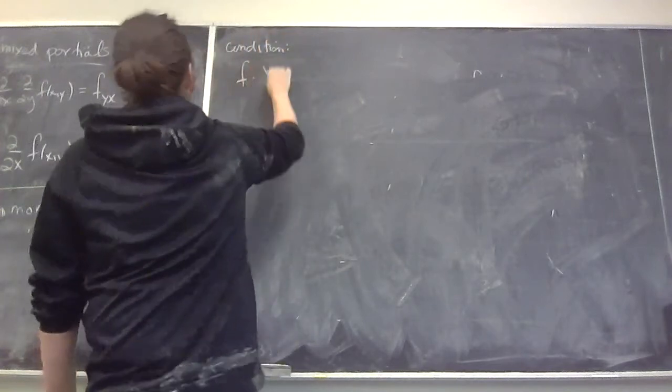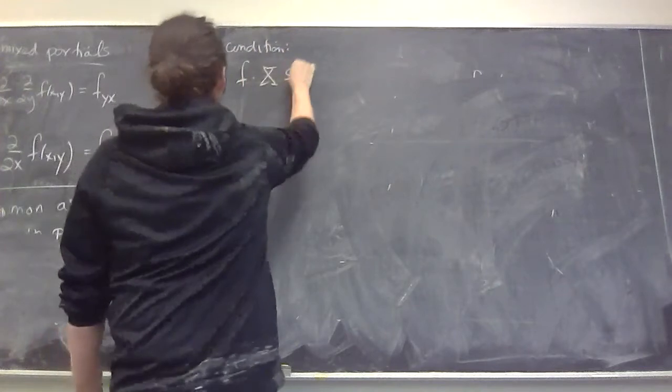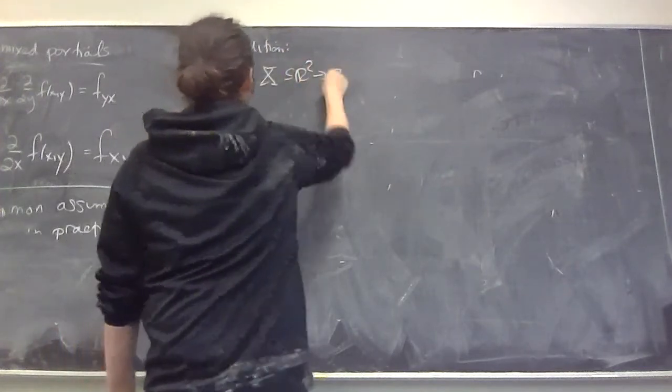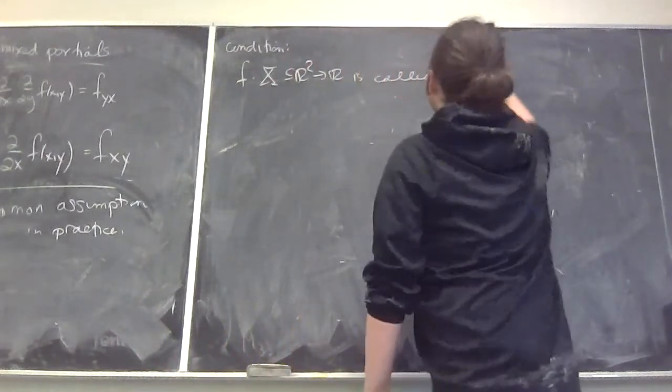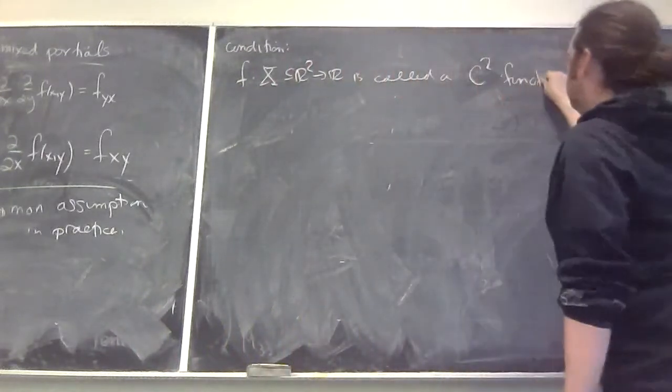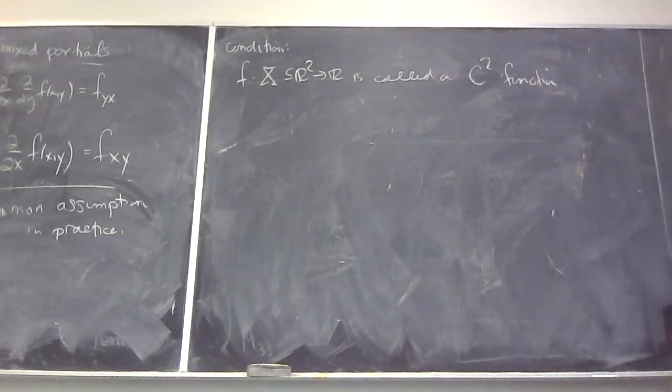F from a domain X in R2 into R is called a C2 function. This is the single most common assumption in all of modeling mathematics, is that F is C2.